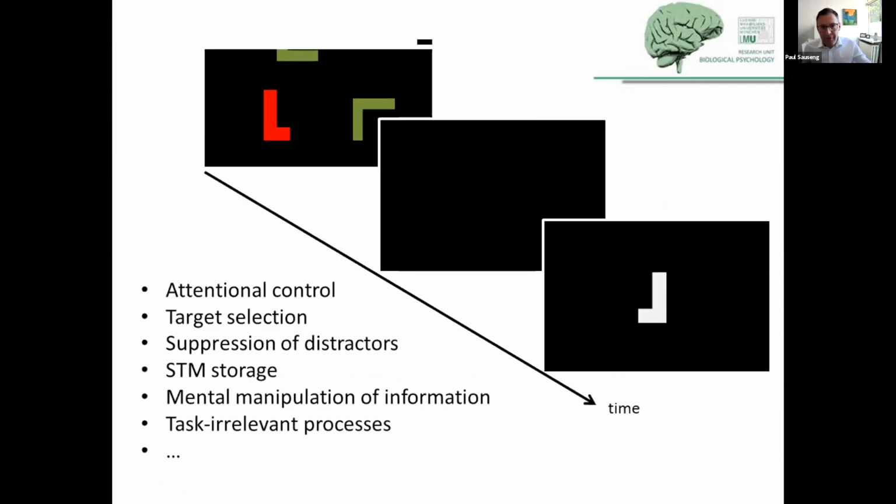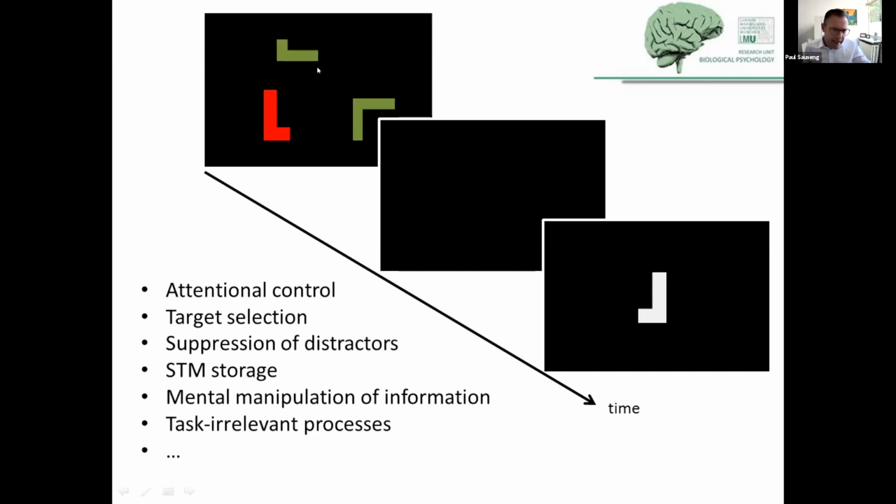So if you have an experimental paradigm like this one, a very simple short-term memory task where, let's say, you have 3 different shapes, one of them is a target shape, and you're supposed to retain this target shape and then mentally flip it and compare it to a probe item, then it's actually not a very difficult thing.